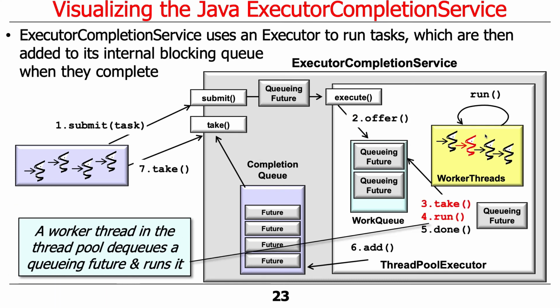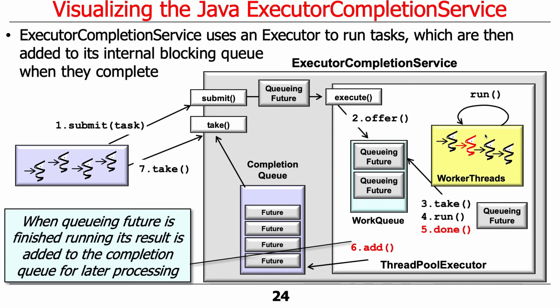When there's a thread available in the thread pool, and let's say for sake of argument this is a fixed thread pool, so we've got 4 threads, then one of the threads will wake up when it's its turn, it'll pull the queuing future off the queue, and it'll go ahead and run it. And when it's finished running, then its done method is called. That's what queuing future provides, a done method implementation. And the done method implementation on the queuing future goes ahead and adds the completed future to the completion queue. So it gets stuck on the queue here.